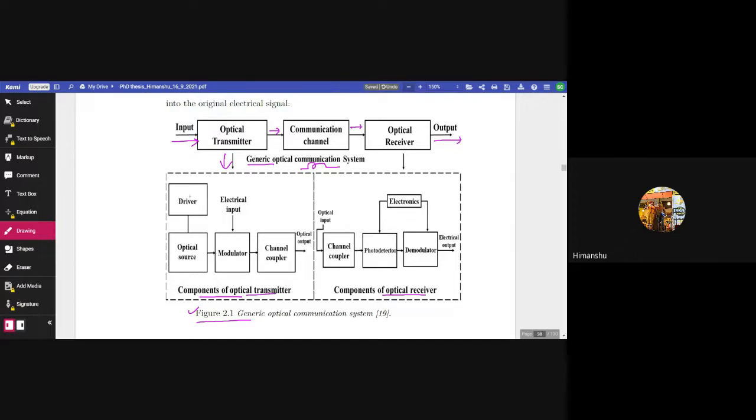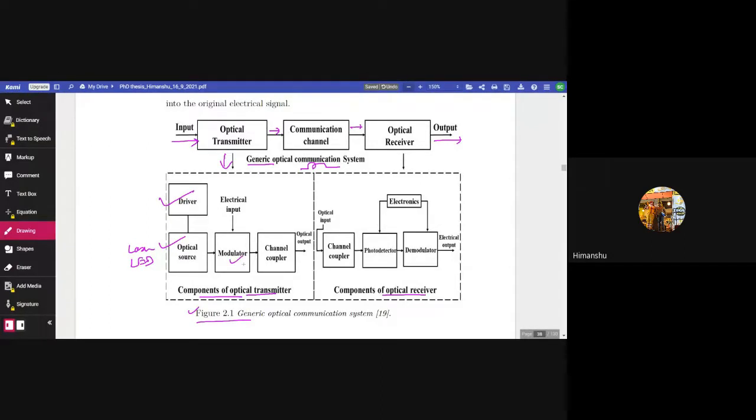If we see the components of the optical transmitter, there is a driver section, and after that optical sources. These optical sources are lasers and LEDs, and the signal generated from these lasers or LEDs is given to the modulator section.